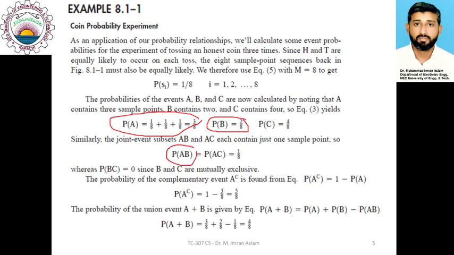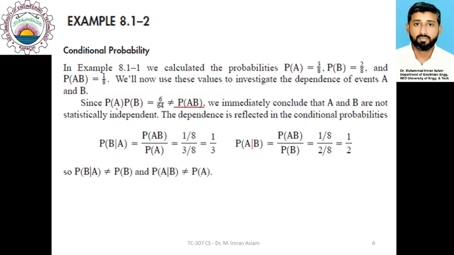We have also calculated the probability of their intersection. If I multiply 3 by 8 by 2 by 8, you can see that the result would not be the same as the intersection result. The product of the probability of A and the probability of B comes out to be 6 by 64, which is not equal to the probability of A intersection B. So from this condition we conclude that A and B are not statistically independent.